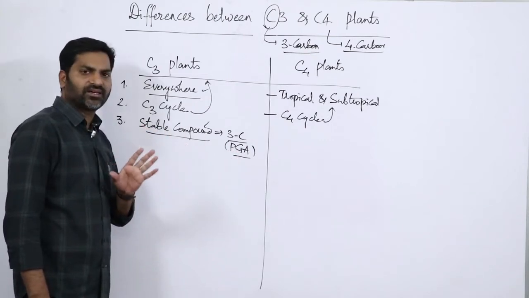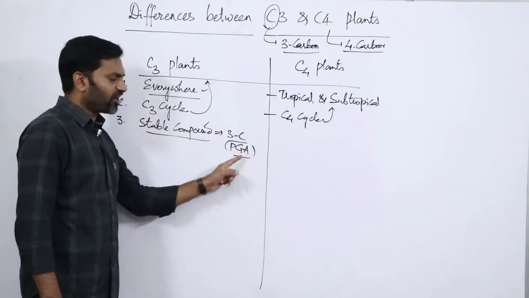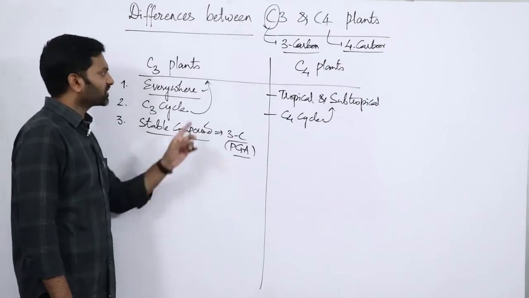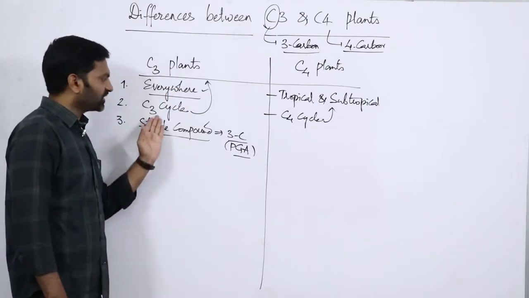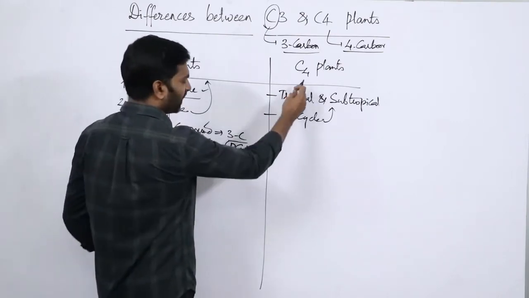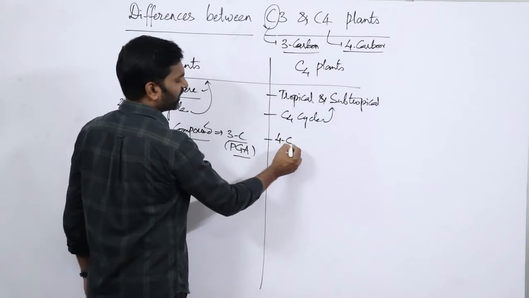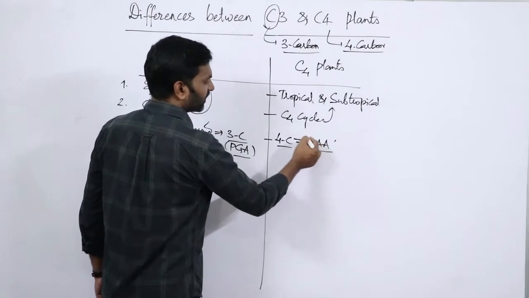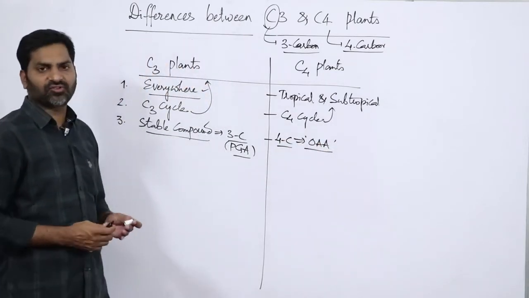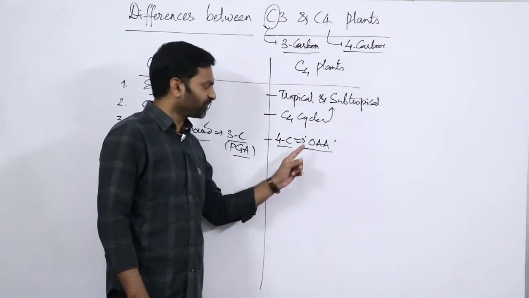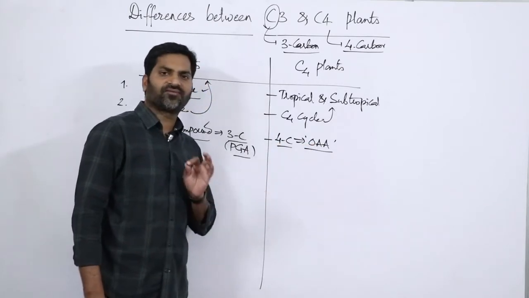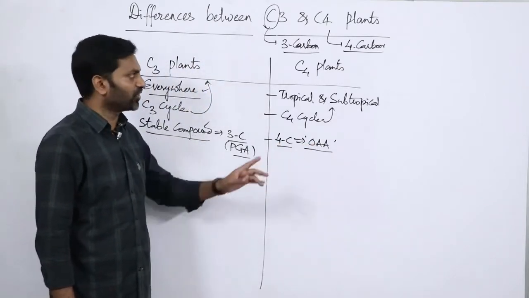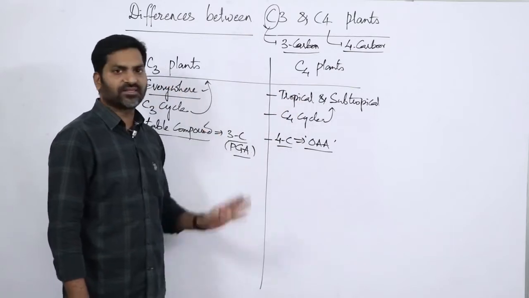Phosphoglyceric acid is basically a 3-carbon compound which is formed as the first stable compound in the C3 cycle. Whereas in C4 plants, the first stable compound will be a 4-carbon compound, that is OAA. OAA stands for oxaloacetic acid, the first stable compound formed during the C4 cycle in C4 plants.